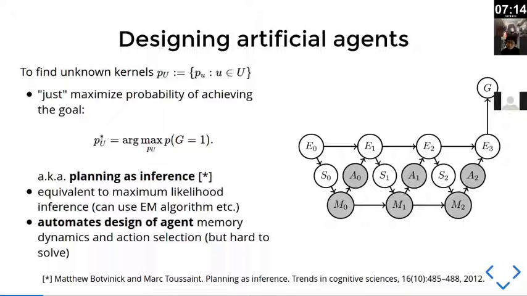The thing is that you can derive your agent in this way, its actions and its memory dynamics, by maximizing this probability. And maximizing this probability is a well-known problem. It's a maximum likelihood inference problem, and there are algorithms that can solve it in some cases.